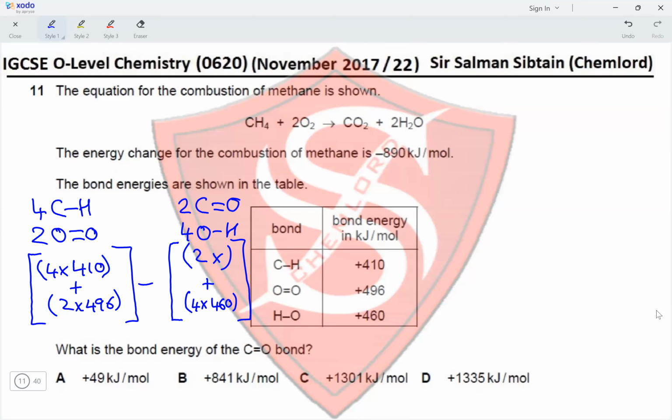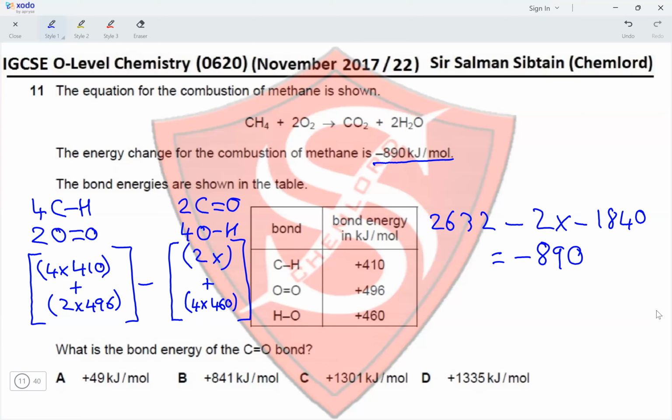So now we total the energy that is required to break the bonds, and that is equal to 2632, which is 4 into 410 plus 2 into 496. And then we subtract 2x and we subtract 4 into 460, which is equal to 1840.